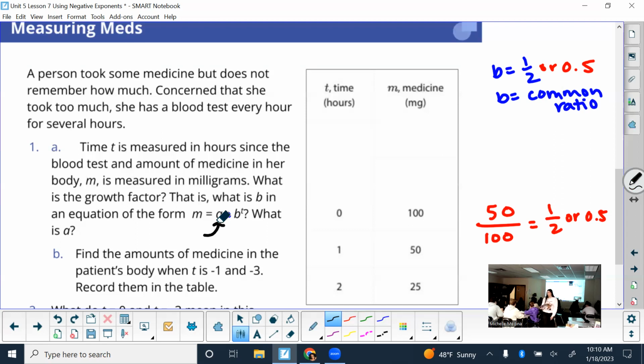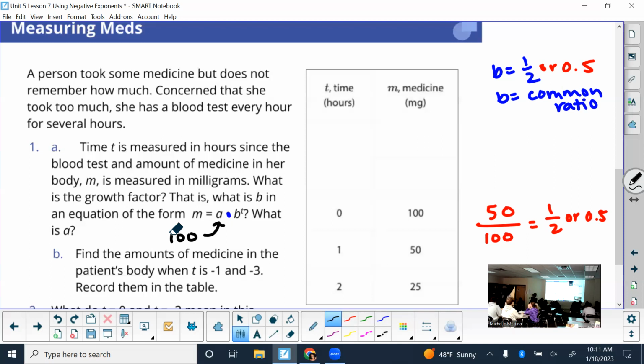What's my initial amount? Good. All right. Class, how do you know that's my initial amount, the 100? Good. Whenever the X or the T is 0, the Y is your starting amount.